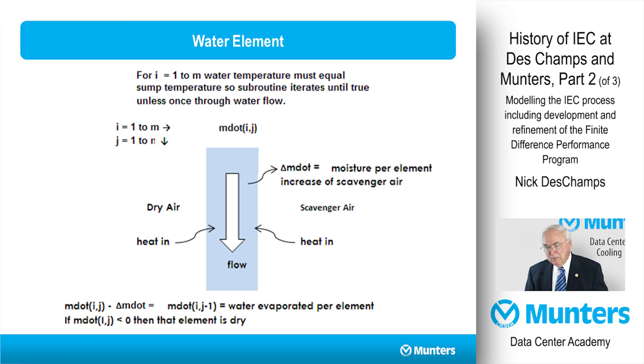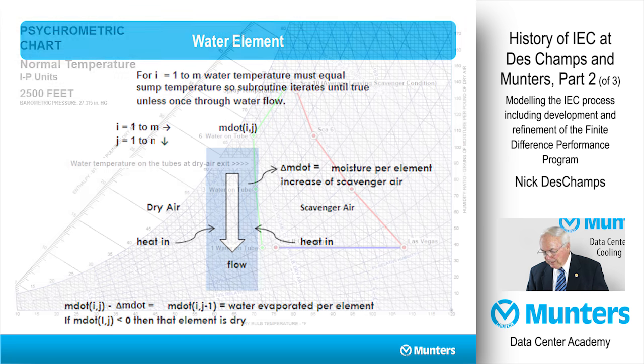Here's a picture of the element itself with an indication of how the heat flow into that water element is. It goes in from the dry air, like I said. Heat goes in from the wet air, but it loses energy. That water element loses energy when moisture is evaporated into the scavenger airstream.